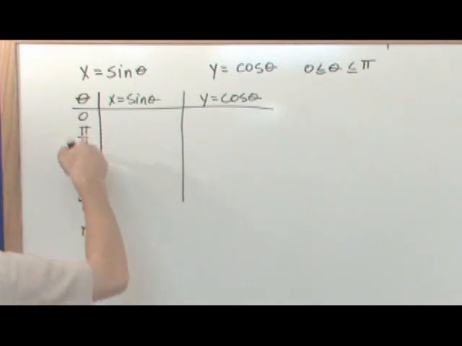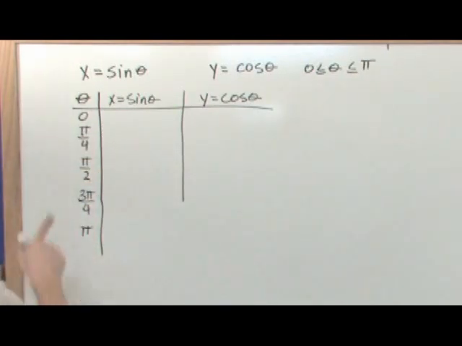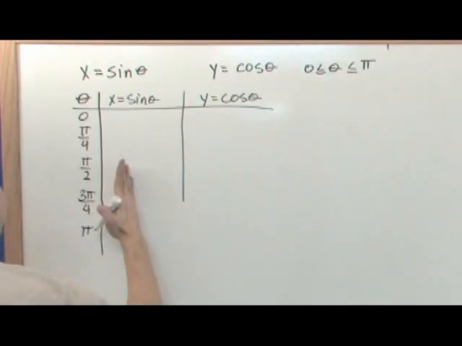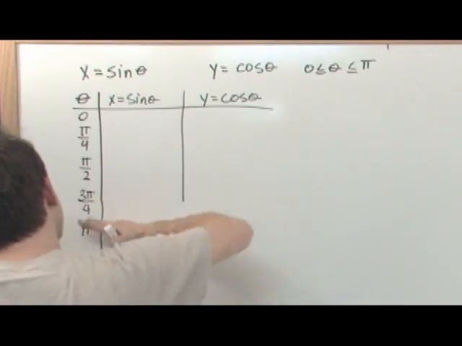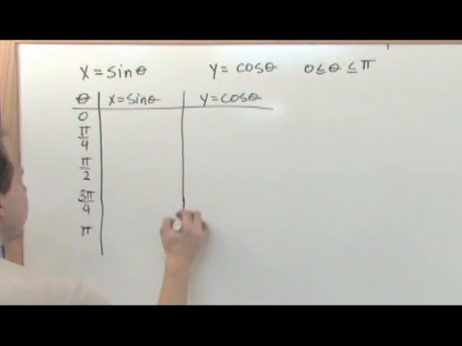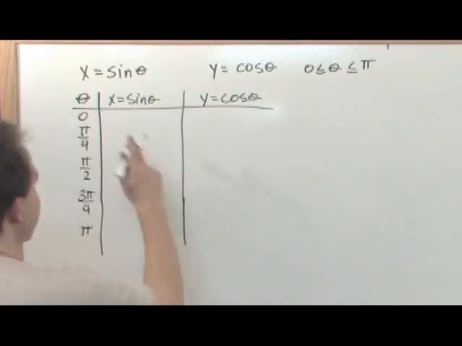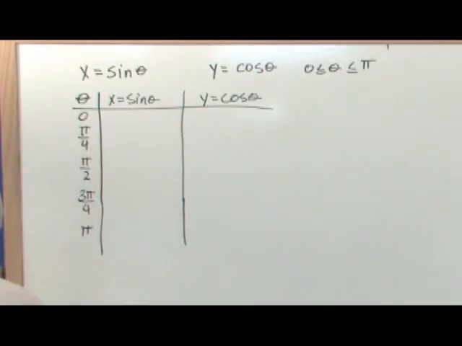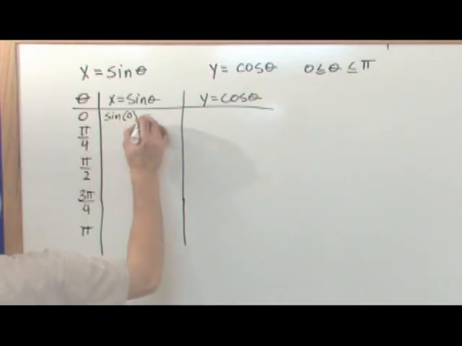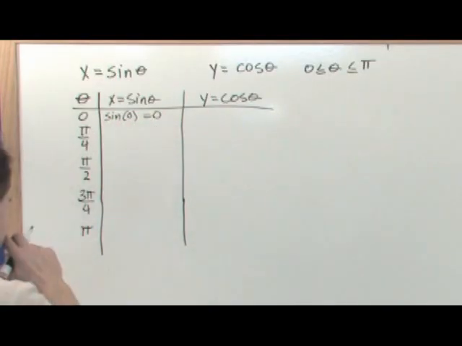These are equally spaced angles along the unit circle. Pi over 4 at 45 degrees, pi over 2 up at 90, 3 pi over 4 over here, and pi right over here. So all I'm doing is looking at a half circle in terms of theta and seeing what we have. Now for x, sine of 0 is 0. Okay, so that's the answer for x.